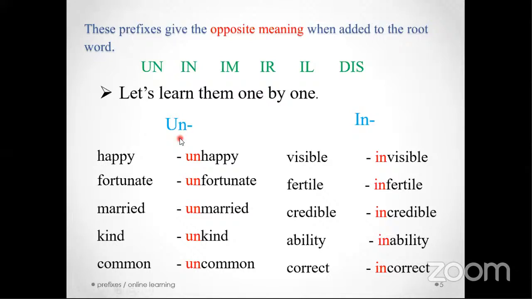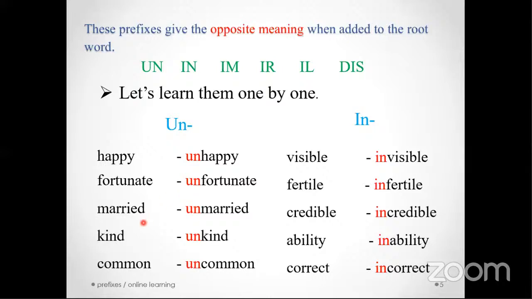Let's go to the prefix un here, right? The word is happy, and when we add the prefix un, it becomes unhappy. The word is fortunate; with the prefix un, it becomes unfortunate.